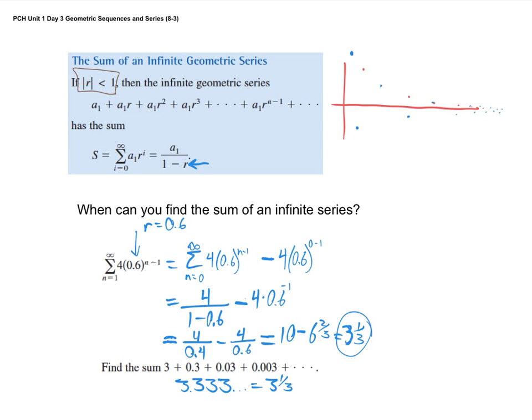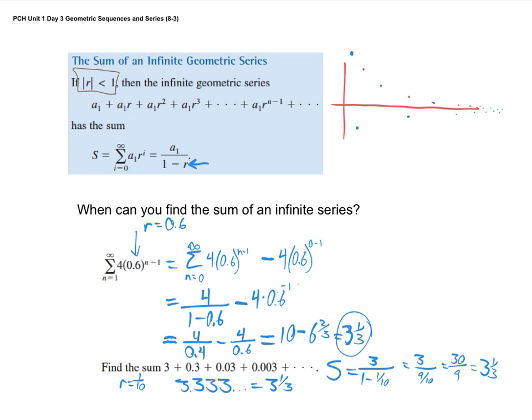What's the first term in the sequence? 3. What's r? 1/10. So 3 over 1 minus 1/10 would be 3 over 9/10, which would end up being 30 over 9, which happens to be 3 1/3.